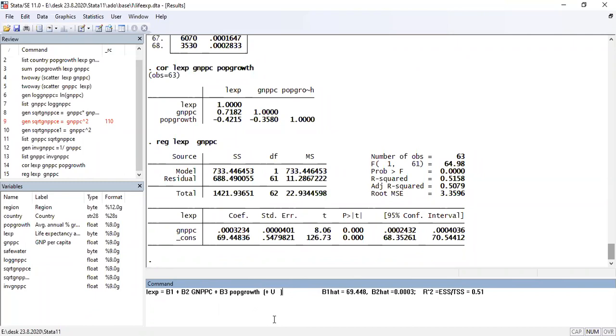We have to hold beta 3 constant, that is, keep population growth constant, keeping other variables constant. Then if GNP per capita increases by 1 unit, life expectancy increases by beta 2 units, and so on. How do you get beta 3? Explain beta 3.